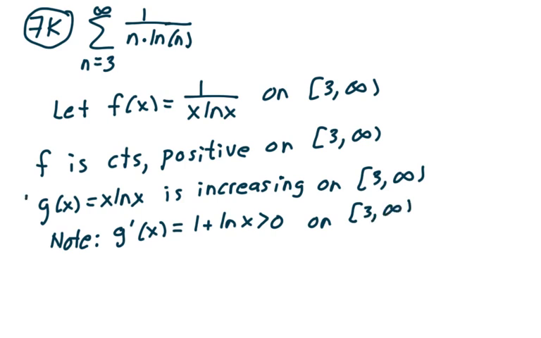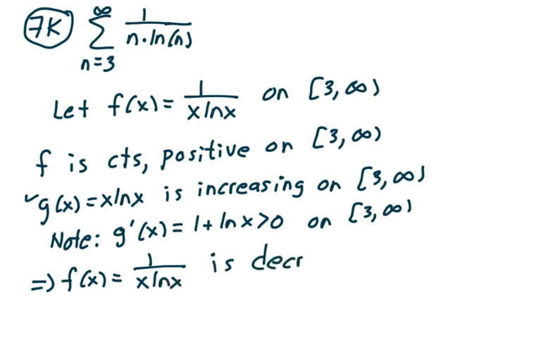And that's why the function g is increasing. But if g is increasing, that implies f of x, which is 1 over x ln x, is decreasing on 3 to infinity. So the integral test applies.